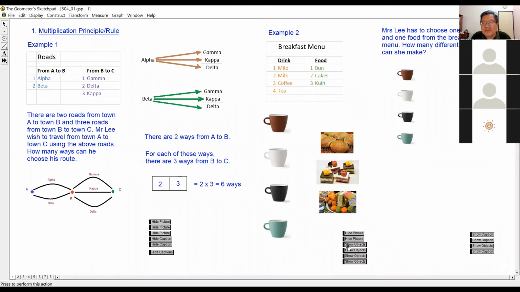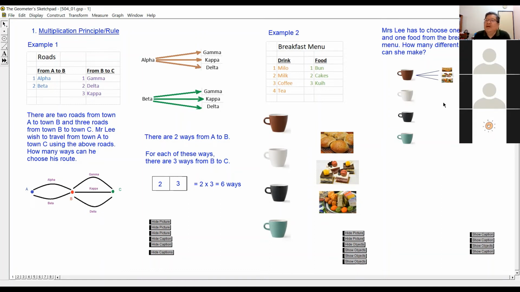Now, if Mrs. Lee choose a cup of Milo, what type of food can she choose? She can choose either the bun, the cake, or the kueh. How many ways are there altogether? After taking the Milo, she has 3 ways of choosing the food. Yes, 3.